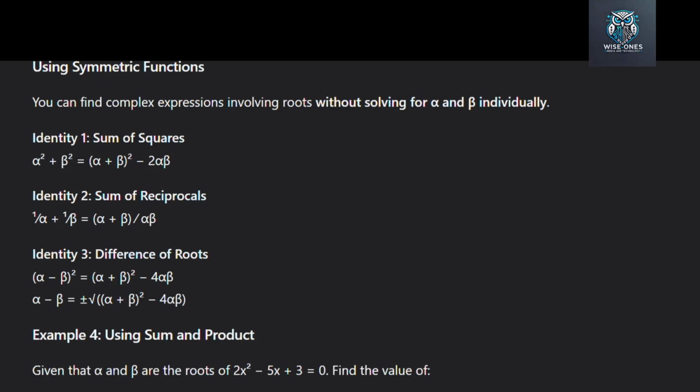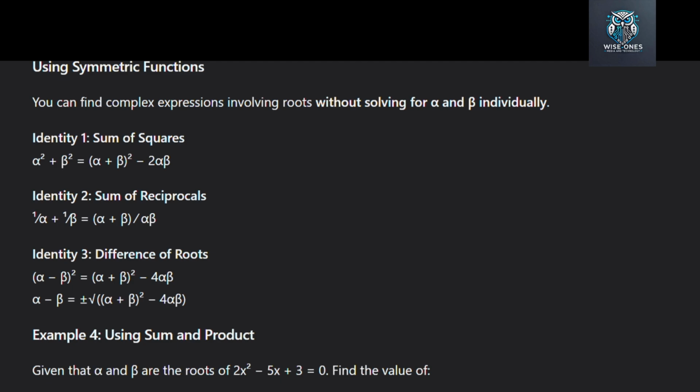Identity 3. Difference of roots. Open bracket alpha minus beta close bracket squared equals open bracket alpha plus beta close bracket squared minus 4 alpha beta.